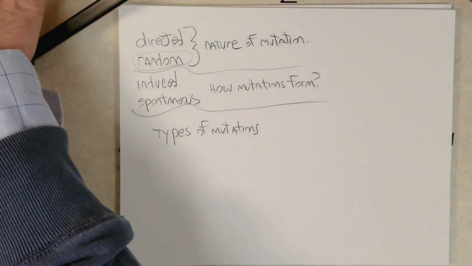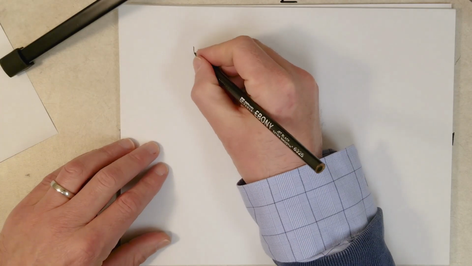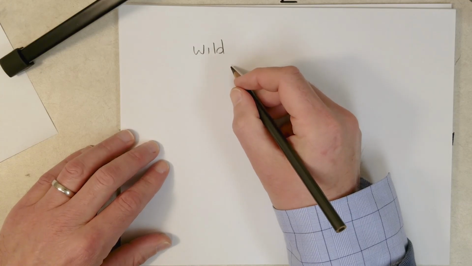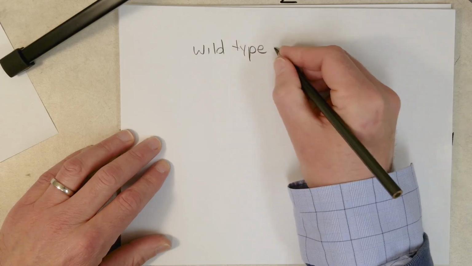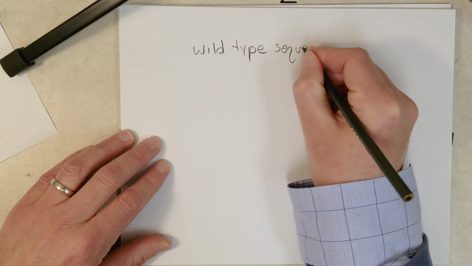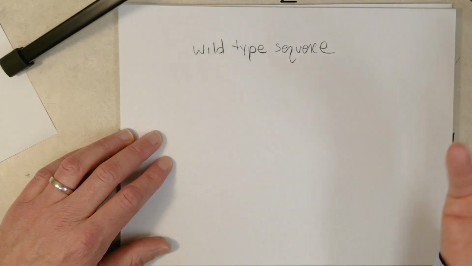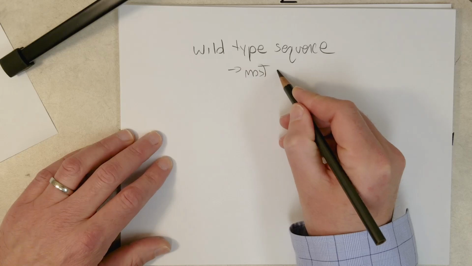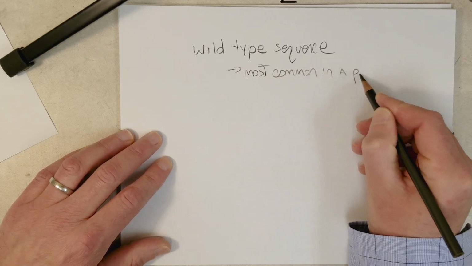Before we start going through that list of mutations, it's important to have an idea of what we are going to consider a mutation to be. Let's take a wild type sequence, and we will consider the wild type sequence of a gene, say, to be the one that is the most common in a population.